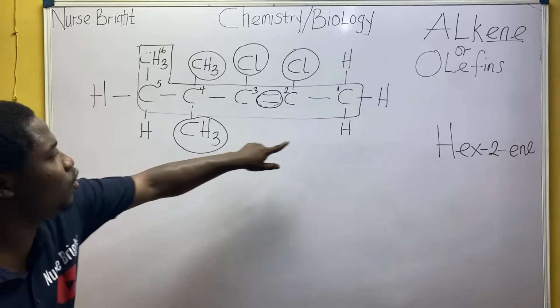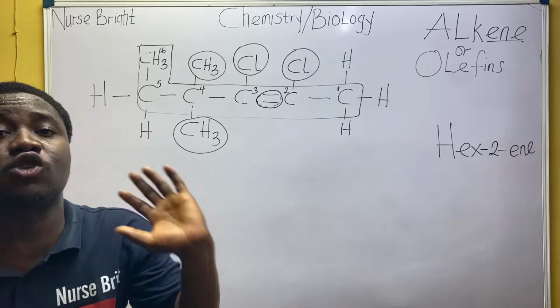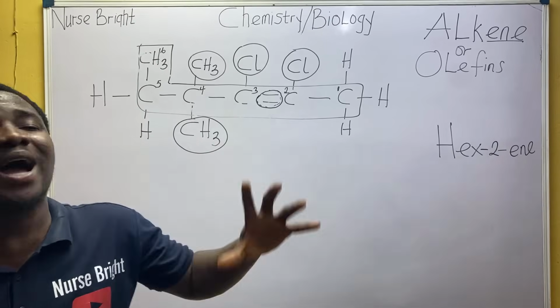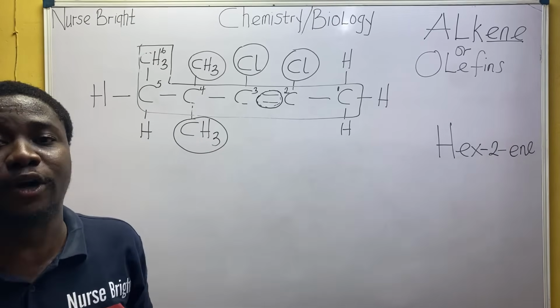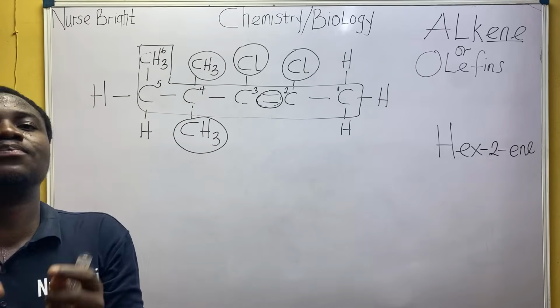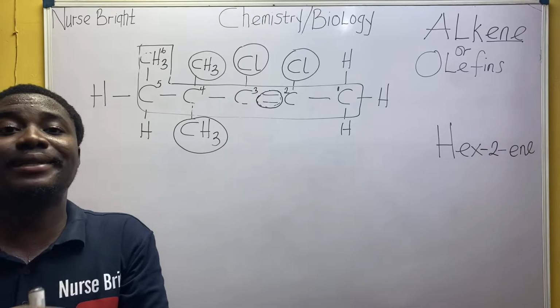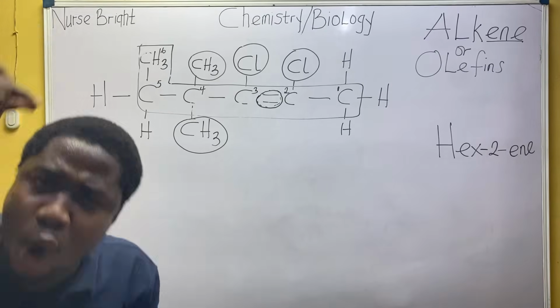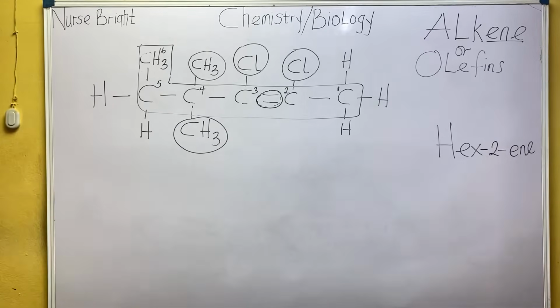Are you listening? You can see that I did not take hydrogen to be a substituent. Hydrogen is literally part of the hydrocarbon. Alright? Compounds made up of carbon and hydrogen. So things that are not hydrogen are substituents, and you have to give them numbers. Alright? You have to give them what, guys? Numbers. All these things are very essential.